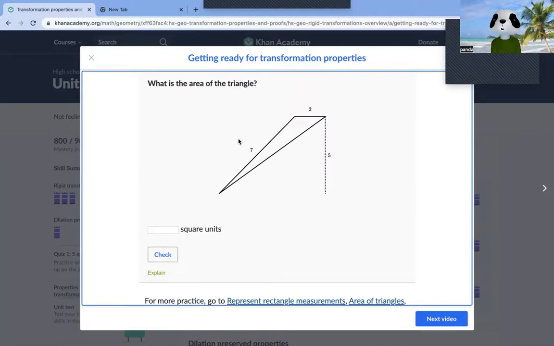Okay, this is the area of the triangle. The area of the triangle is base times height times 1/2. You might think the height is this and the base is this. Nope. The height is actually the 5 and the base is actually the 2. So 2 times 5 equals 10, and then divided by 2 equals 5.